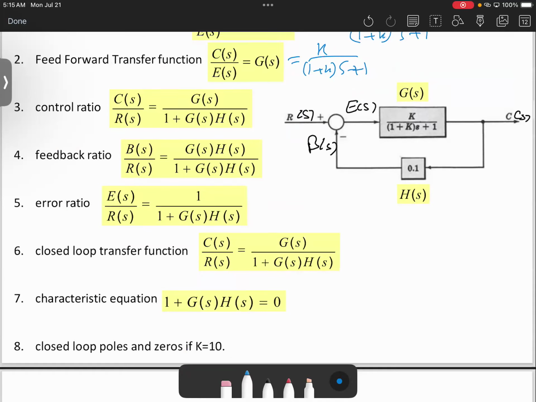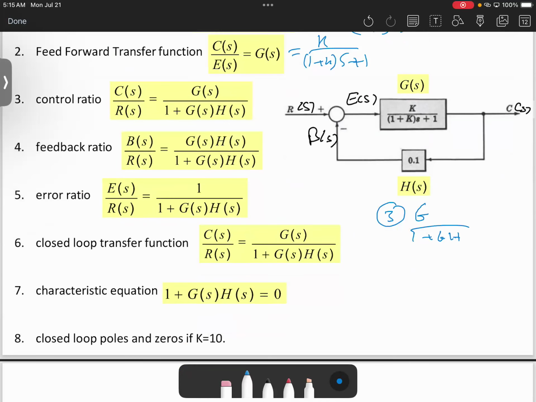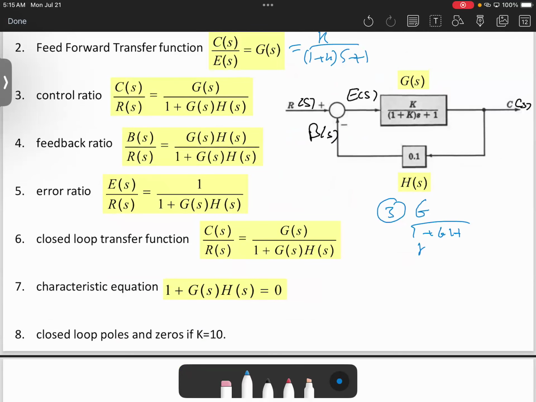Let's substitute it. It will be K over 1 plus K S plus 1, divided by 1 plus 0.1 K over 1 plus K times S plus 1. Now, since it's written in this format, I need to simplify it into a numerator and denominator.